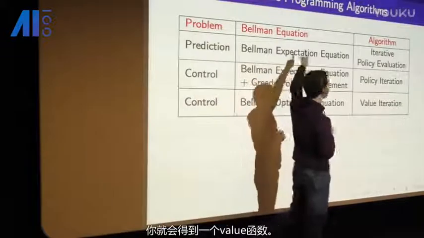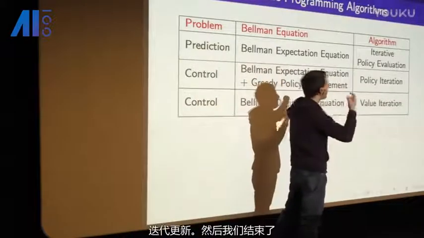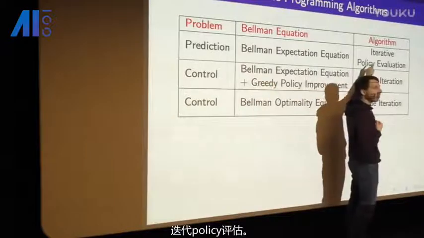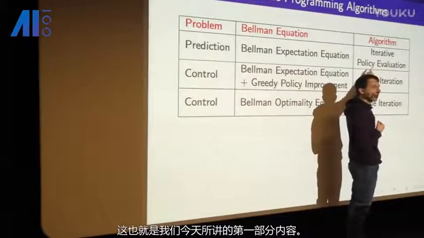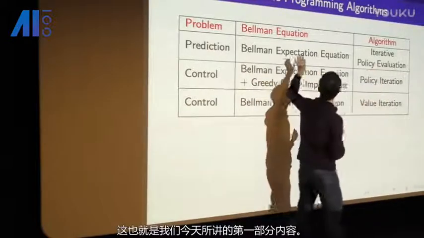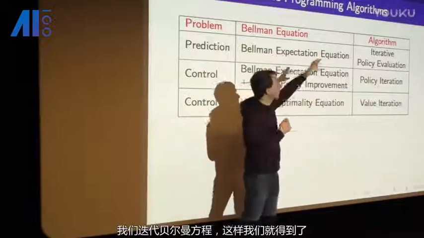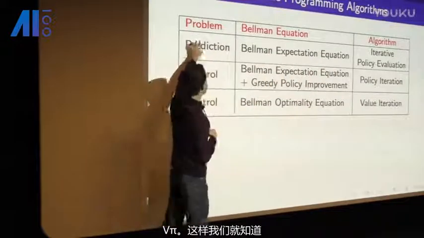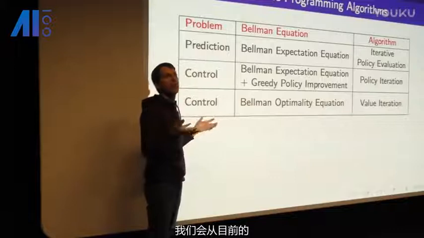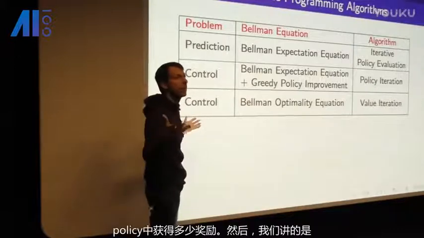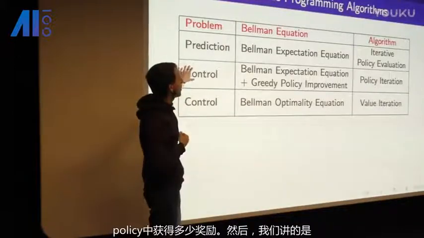If we take that Bellman equation and turn it into an iterative update, we end up with iterative policy evaluation, which is the first part of today's class. So you take the Bellman equation, you iterate it, and it gives you V pi, which tells you how much juice you're going to get from some given policy.